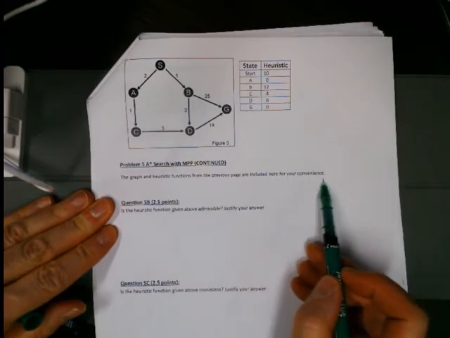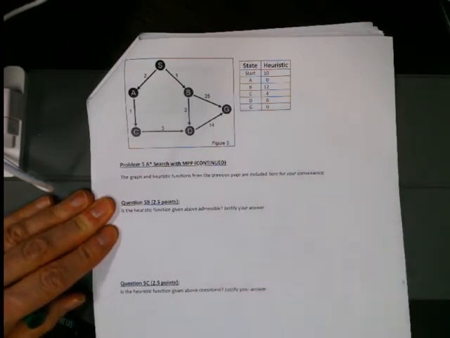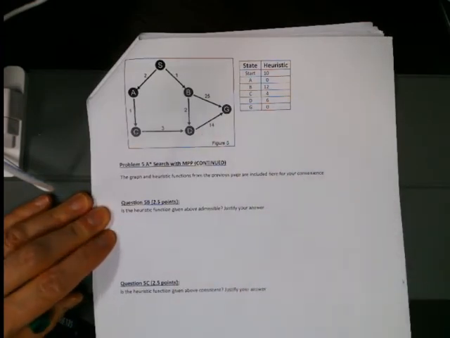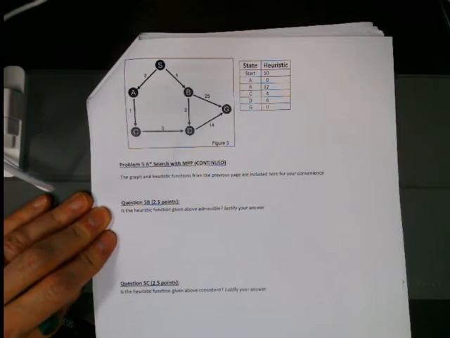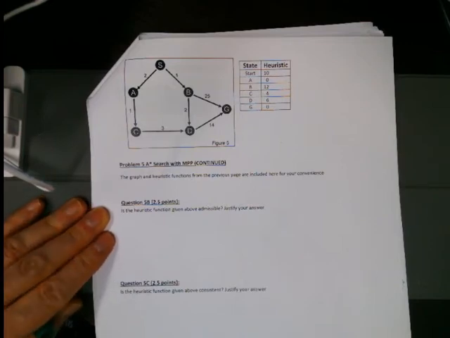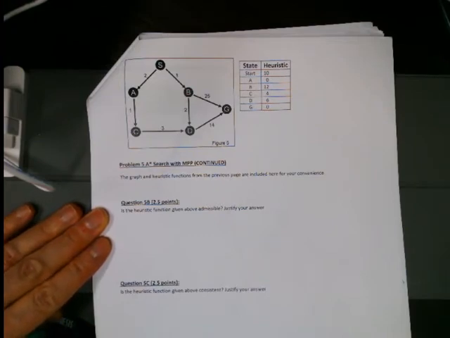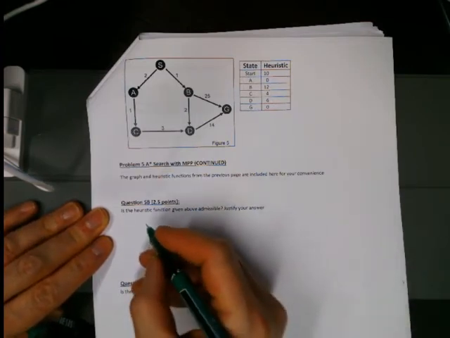Okay, so this next question has the graph and the heuristic functions from the previous page are included here for your convenience, so this is a copy. And the first question is the heuristic function given above admissible? Justify your answer. So what we need to do is we need to show that all of the heuristic values, right?